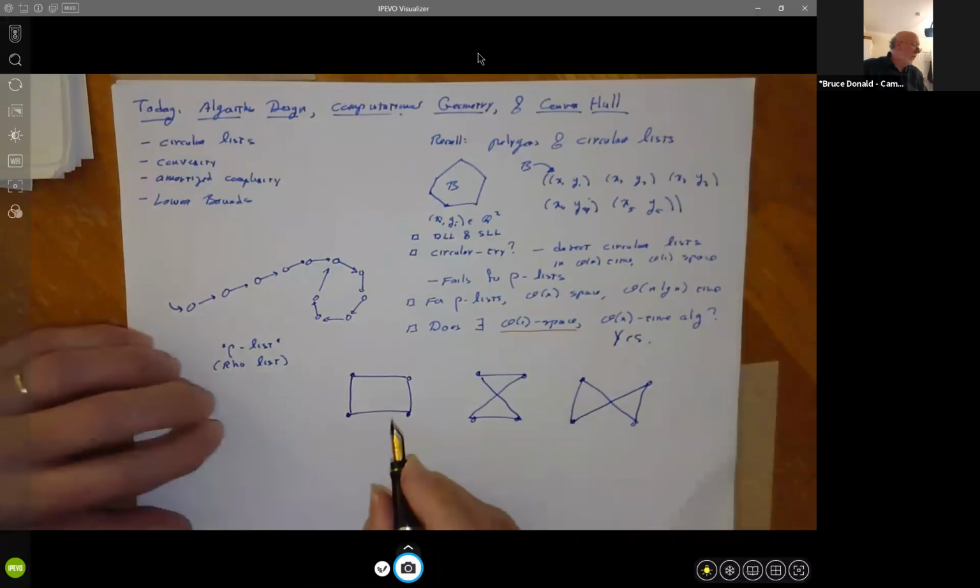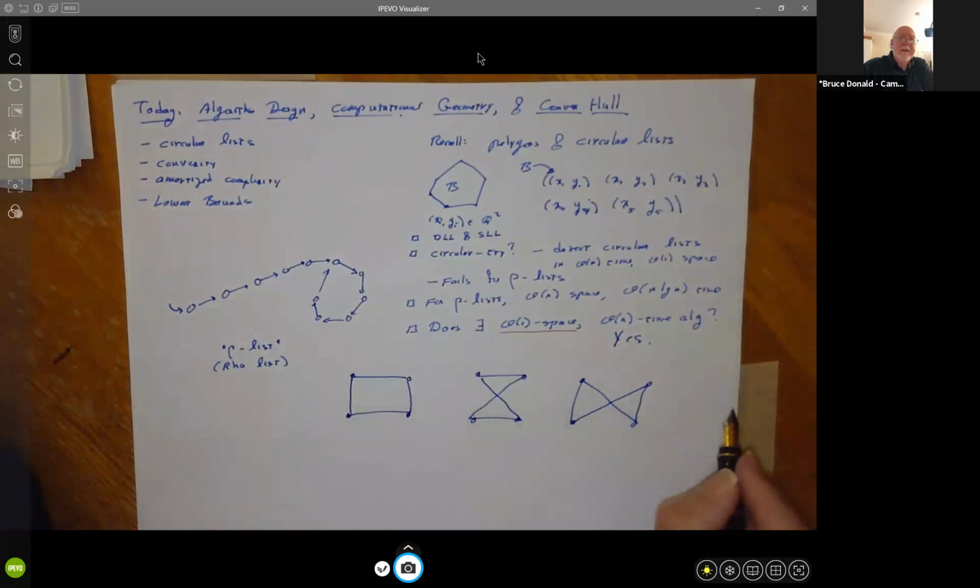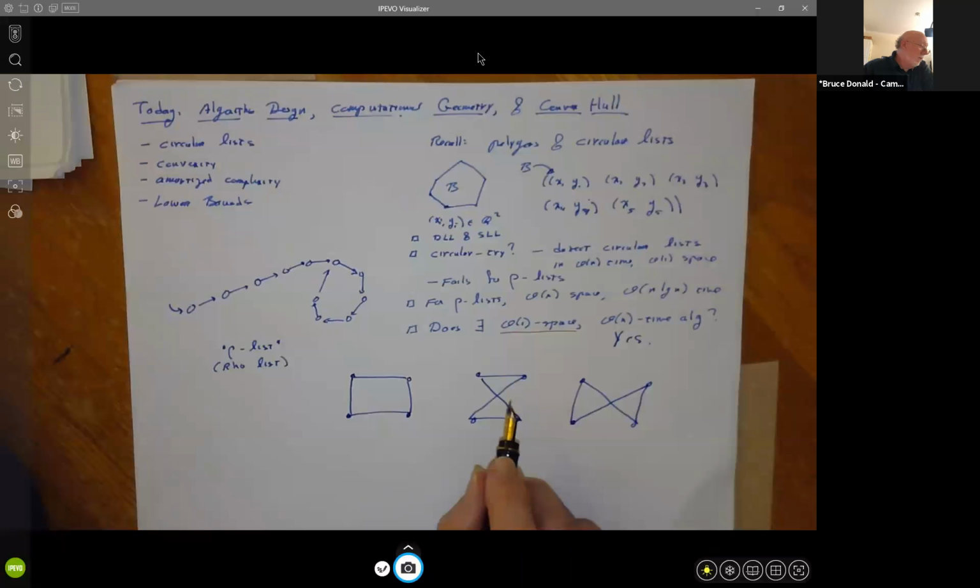So basically the point here is that only the first one of these is a rectangle. These are different orders of the same vertices. If you're solving one of these problems and you return one of the second two, it's wrong. Even though it's possible to compute the first one from the second one, you can prove that it requires more than linear work to do that.